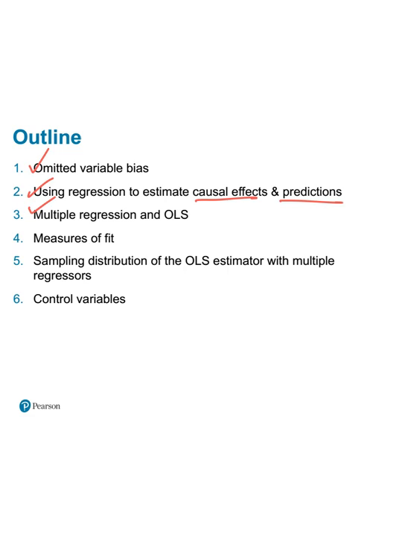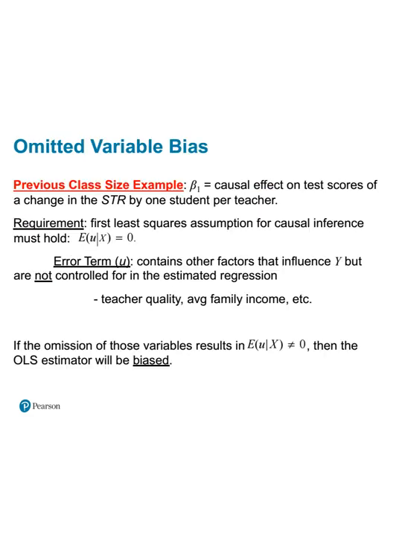We will discuss measures of fit, which again will be very familiar to you based off of our prior chapters. We'll talk about the sampling distribution, which will be particularly important when we tackle the next chapter, I think it's Chapter 7, in creating both confidence intervals and hypothesis tests. And then we'll discuss control variables and how they make their way into our regression analysis. So let's go ahead and start with omitted variable bias.